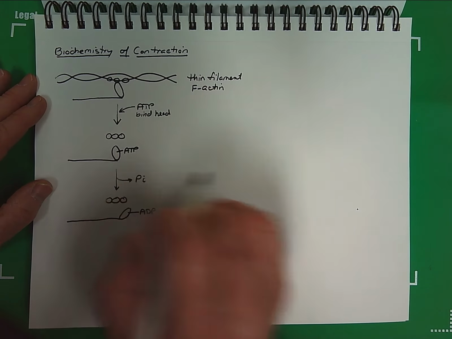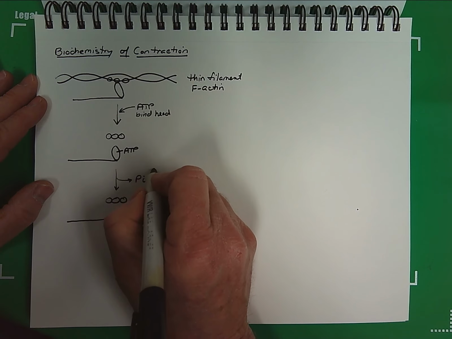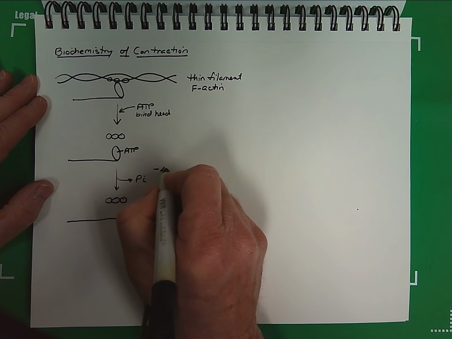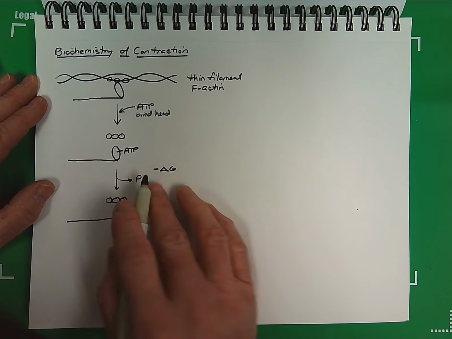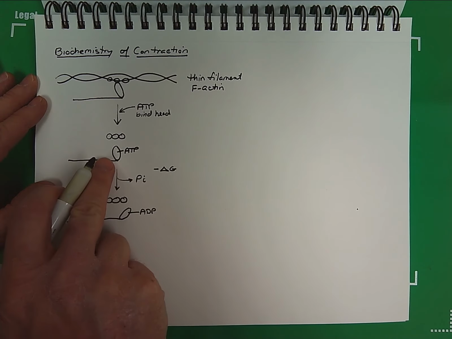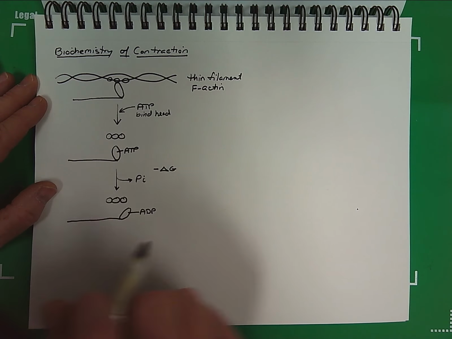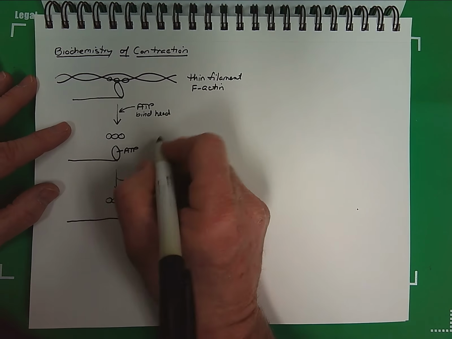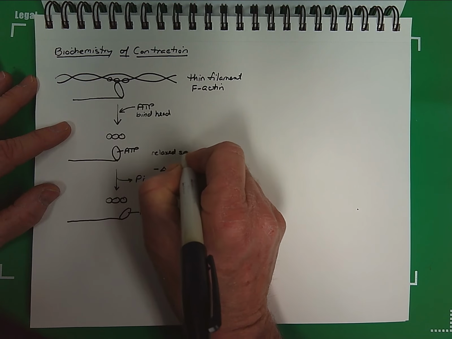The way to look at this is that the hydrolysis of ATP is going to be releasing free energy. This negative delta G, this free energy, is going to be captured in the conformational change, the movement of the head group. So picture this as a spring. This is a relaxed spring.